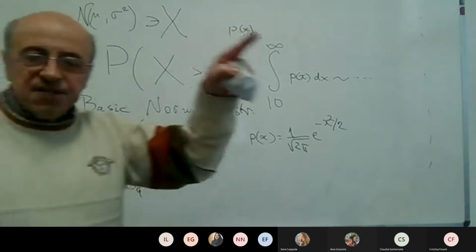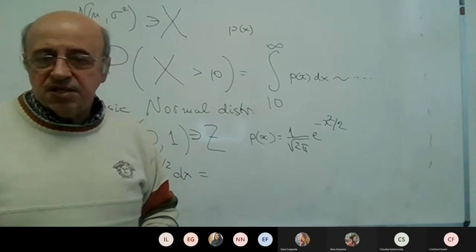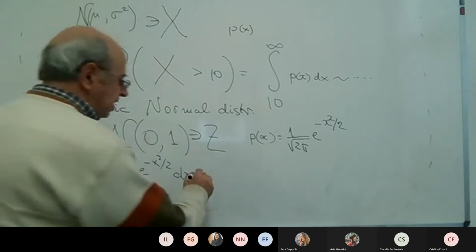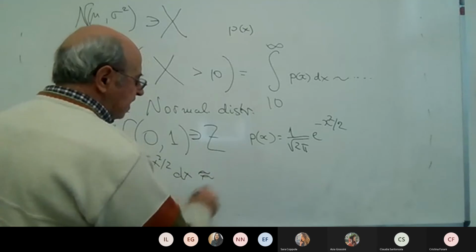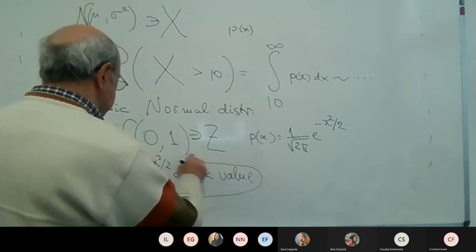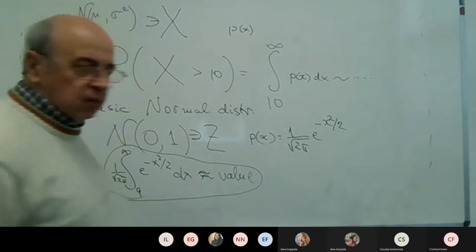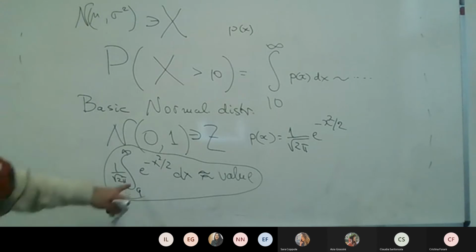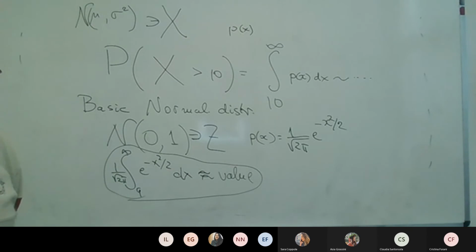You have specific tables, and also there is already prepared software that gives you exactly the value of this type of integral. So now we shall practically use it without a specific expression.